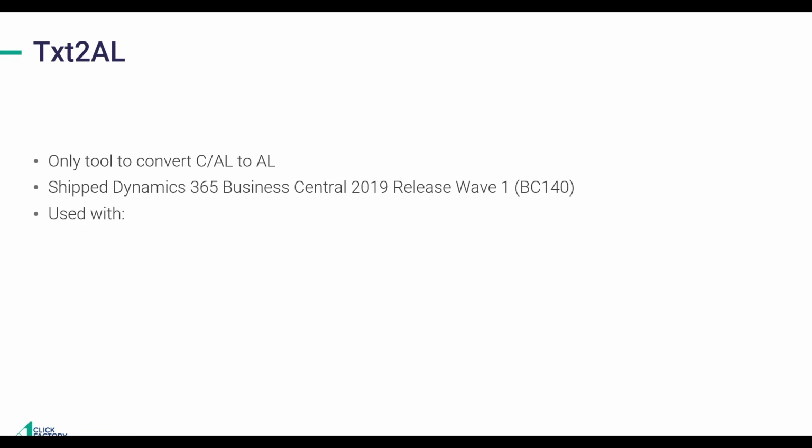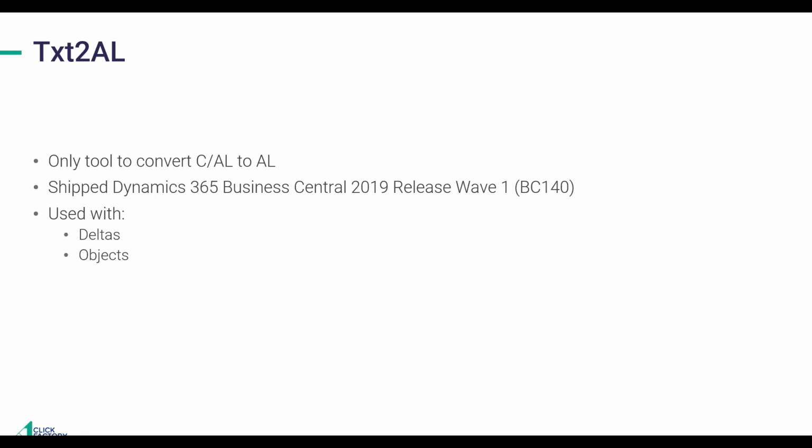So txt2al can be used with either deltas, which would generate you the actual table and page extensions, or the whole objects. The problem with using txt2al is that you might run it multiple times, because if you have modified a codeunit, you will have a codeunit delta, which cannot be converted to an actual AL object.